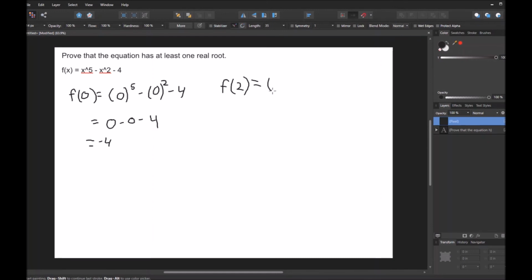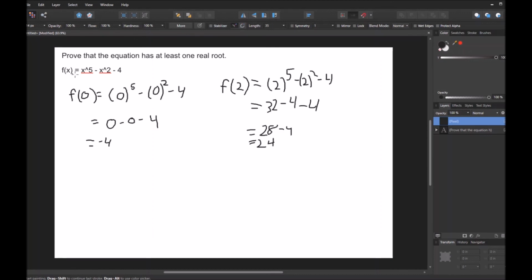So if I plug in 2, I'm going to have 2 to the 5th minus 2 squared minus 4. Now 2 to the 5th is 32, 2 squared is 4, and we'll have minus 4. 32 minus 4 is going to be 28, so we're going to have 28 minus 4, which is 24.